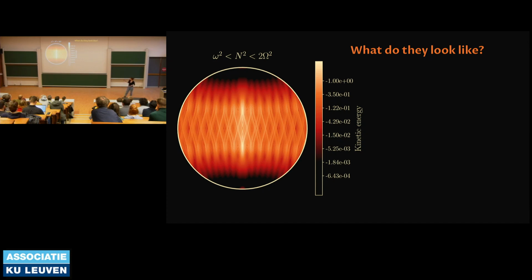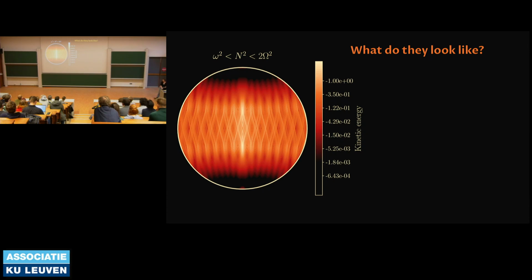So this is what it looks like if the frequencies are ordered like this. If the frequency of the wave is smaller than the buoyancy frequency and the rotation frequency, then I get something that looks like this. But if those are in a different order, it can look different. So they really depend on those two frequencies.